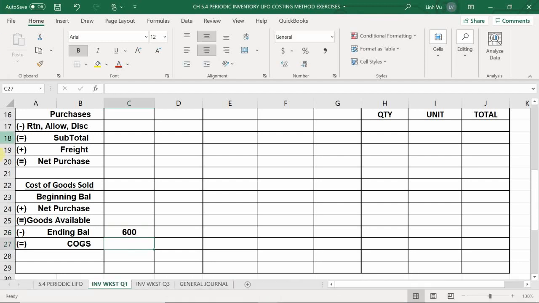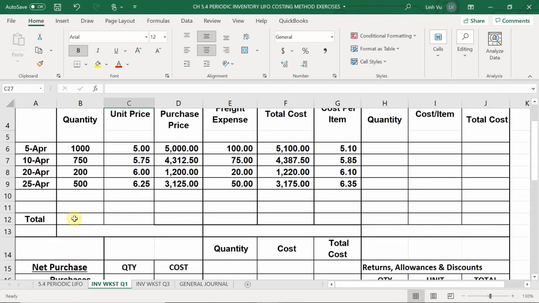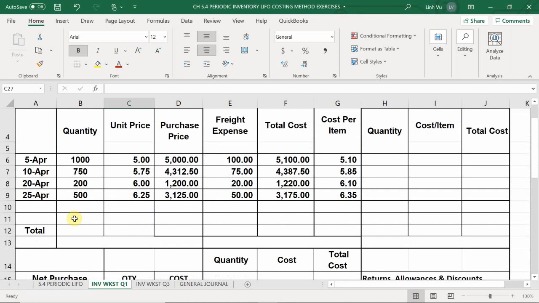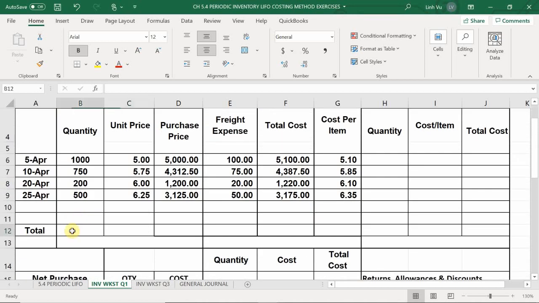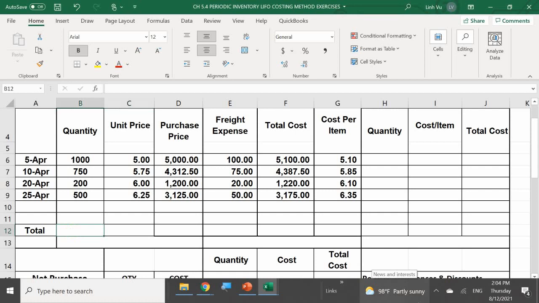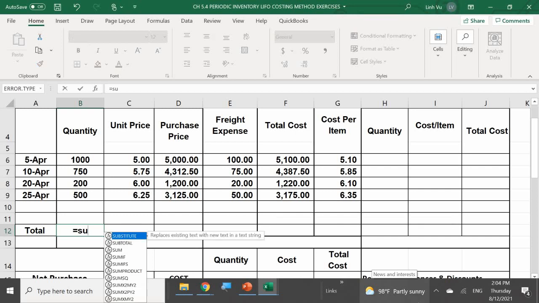Okay. So now that tells us we reached the end of our period, right? We reached the end of April, so April 30th, excuse me, tells us that we have 600 units left on hand. So therefore, we need to solve for our total purchases here.